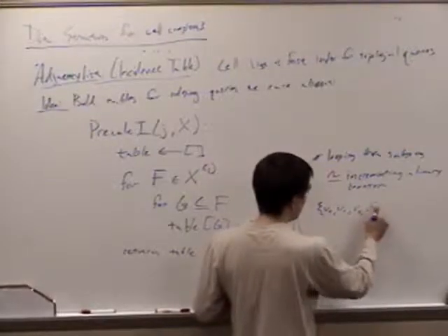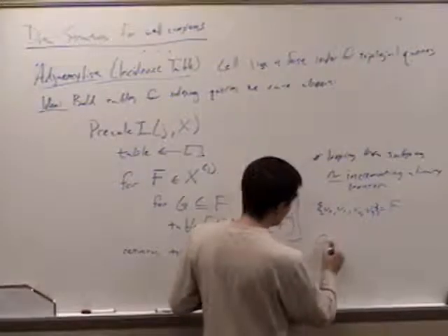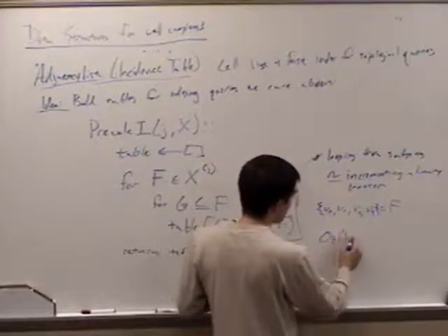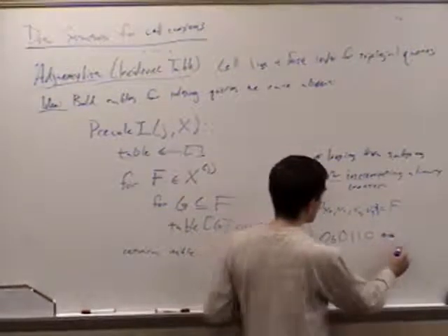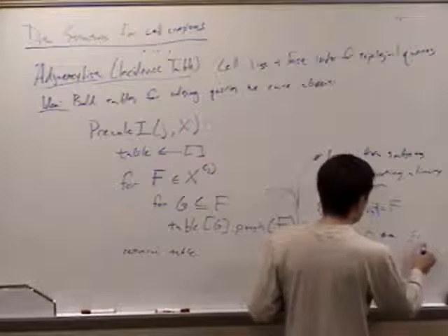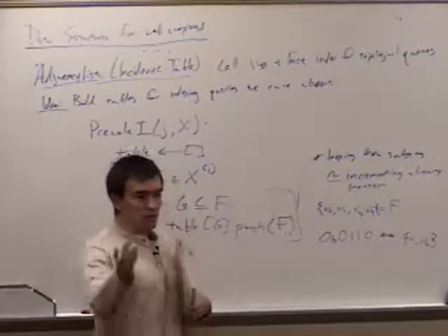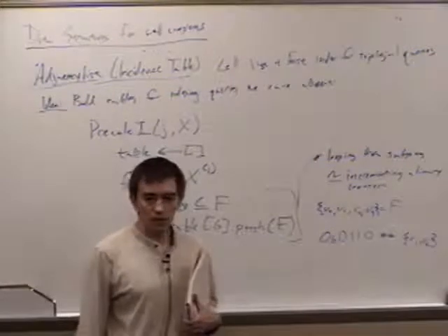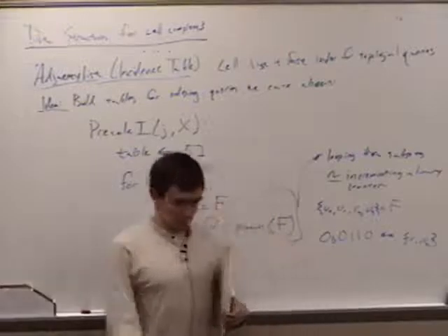Say we have 4 elements here, this is equal to f. Then we could map a binary number like 0, 1, 1, 0 to the set v1, v2. So you can just loop through all of the numbers from 0 to 2 to the n minus 1, inclusive, and that'll count all of the subsets of this array.